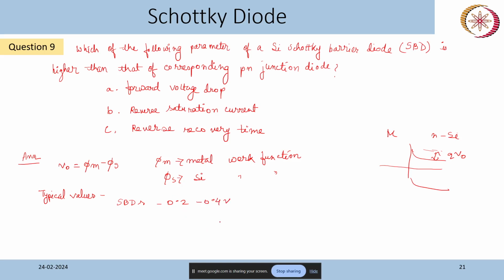So this is much smaller than the PN junction diode, which is typically around 0.7 volt. Okay, so the voltage drop is not higher, but the reverse saturation current is higher.